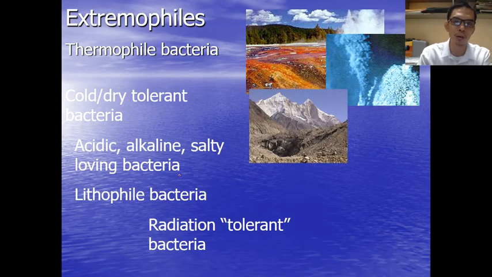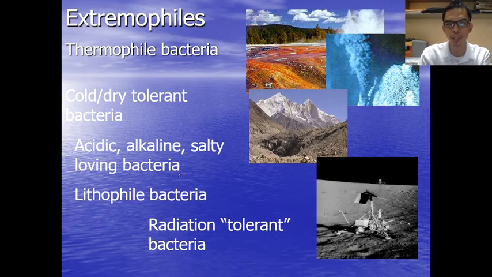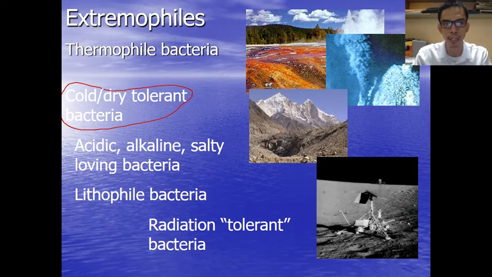Next one. Why did they have this particular idea? Because there are some organisms, like these bacteria that we have right here, that can tolerate certain extreme environments. For example, we have this thermophile bacteria. This bacteria can live in very acidic, sometimes alkaline, salty environments.